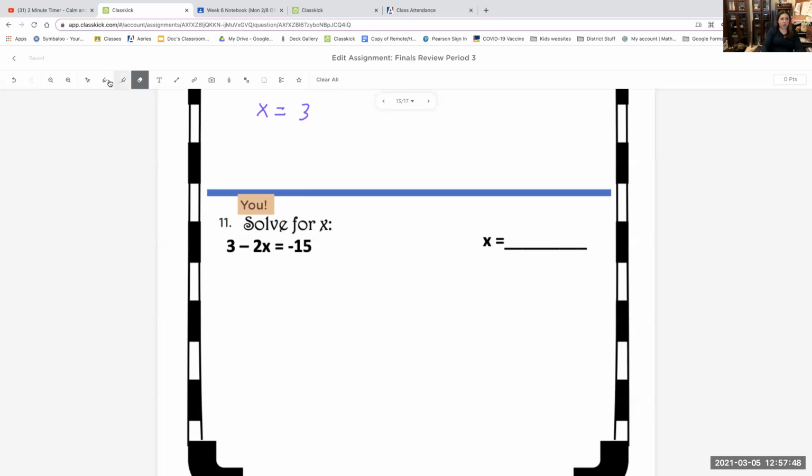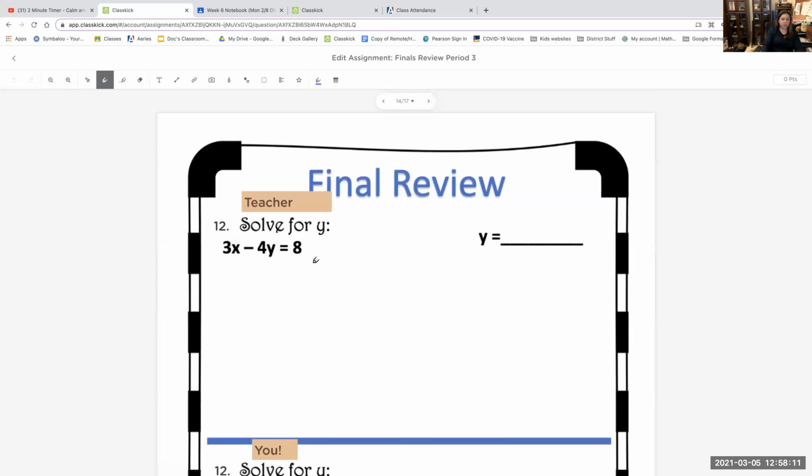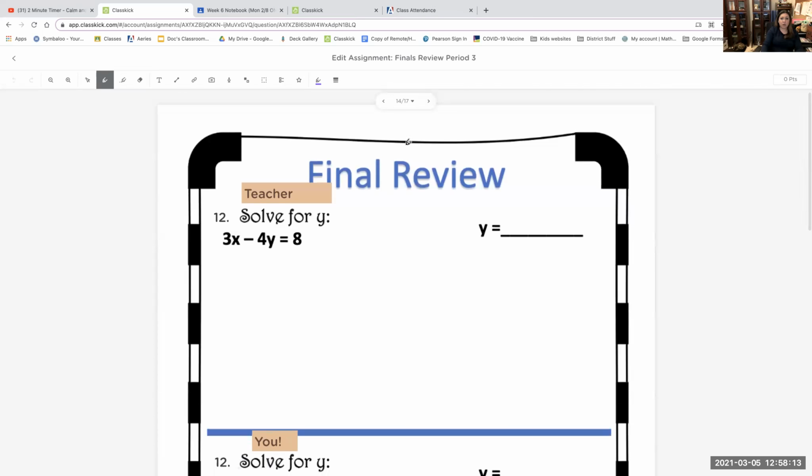Others forgot to bring down a -2 and brought up +2. So that ends up changing your answer. So again, be careful with those negatives. Always double check that you wrote it down correctly. But other than that, you guys seemed really good with this. All right, we're switching over to page 14.